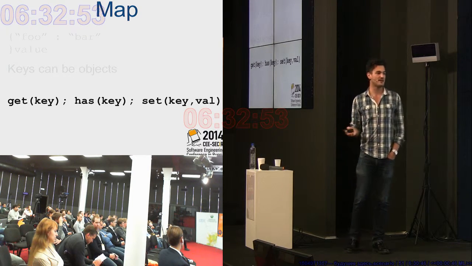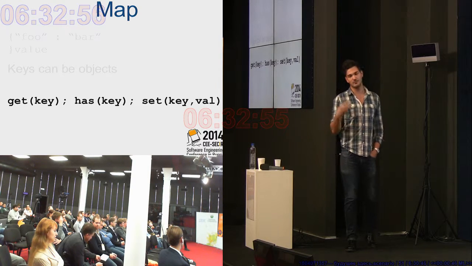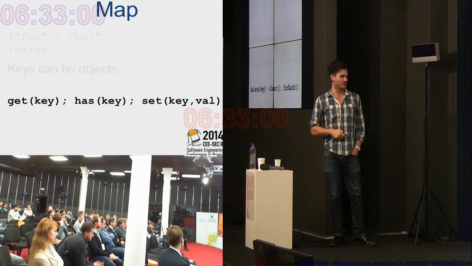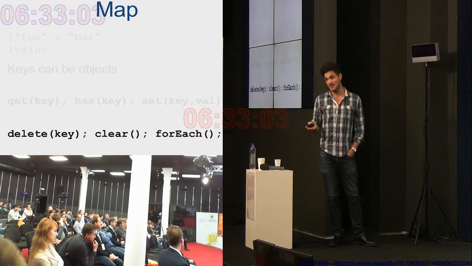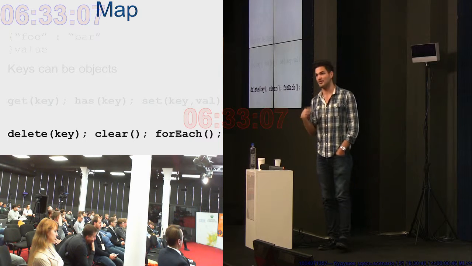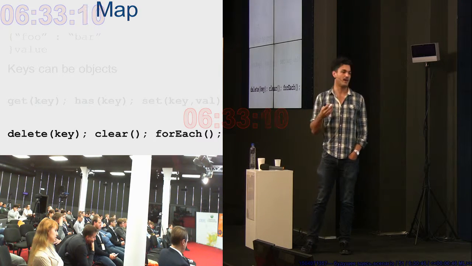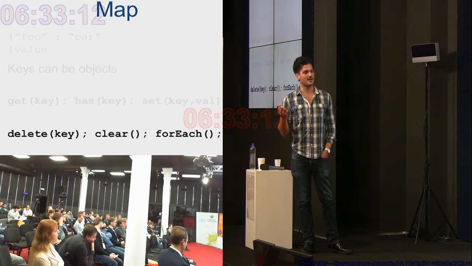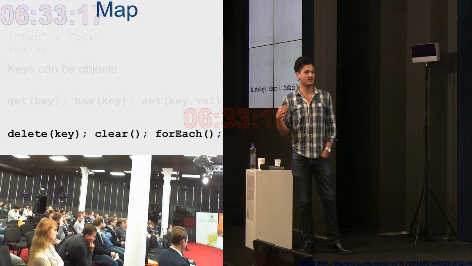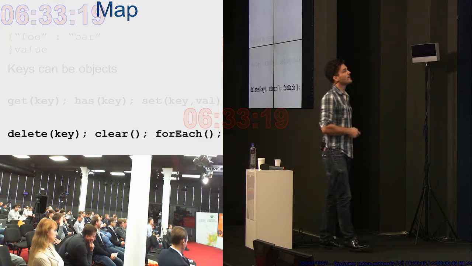You've got methods like get, has, set, so you can put things in a map and get things from a map. You can also iterate through a map using, for example, forEach, which is a really nice function. In forEach, you can get all the different keys and values and the map itself inside the function, which is nice.